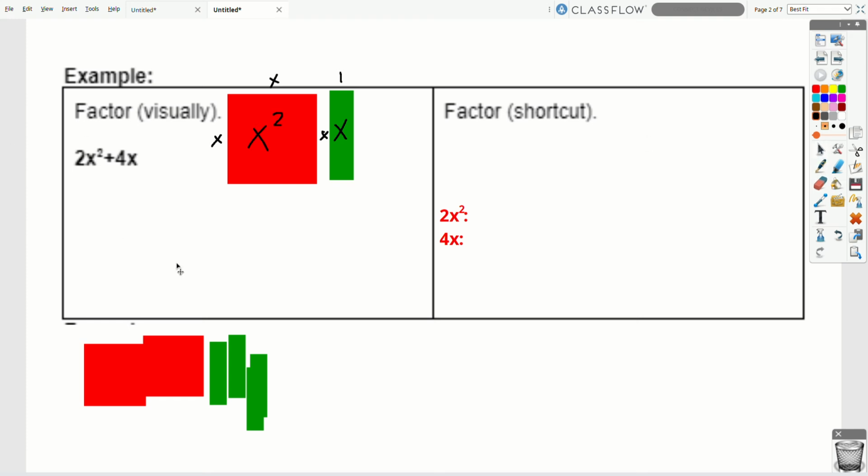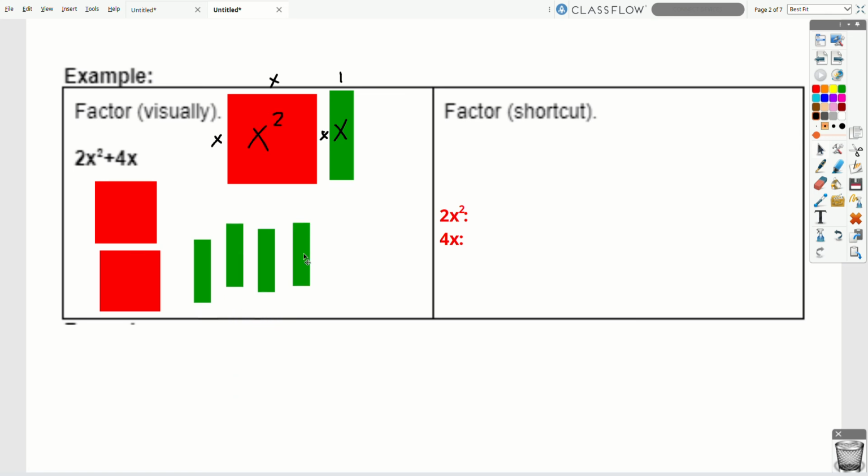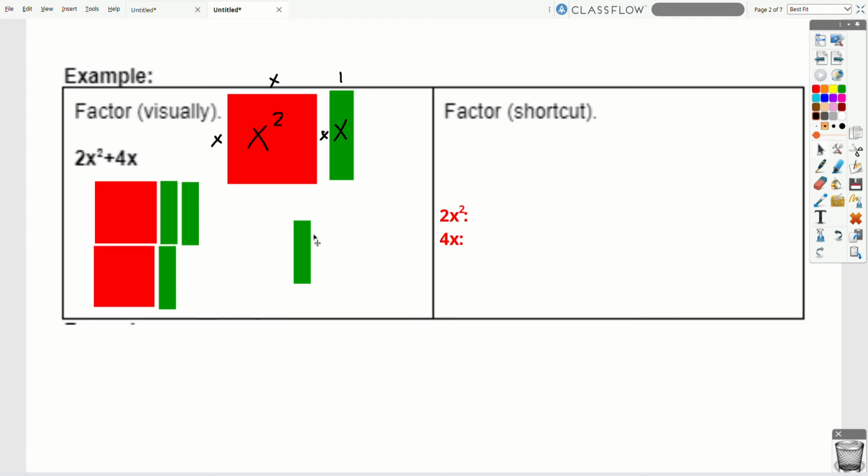So once again, to do this visually, we get 2x squareds this time. And then we get 4 of these x's. And once again, we arrange this into a rectangle. And so we try out a couple things. We see here that we can stack them like so into a rectangle.